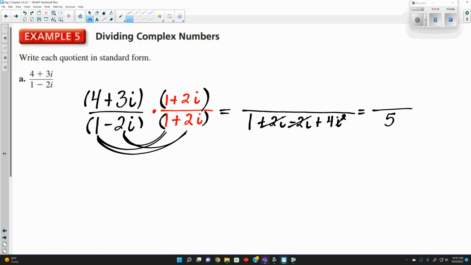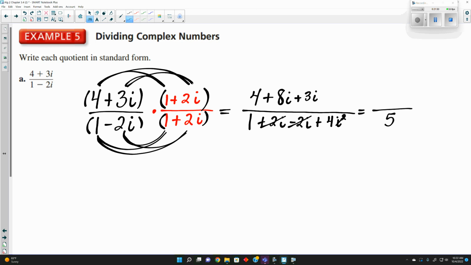Now we're going to do the same thing with the numerators. So we'll have 4 times 1, which is 4. 4 times 2i is plus 8i. 3i times 1 is going to be plus 3i.